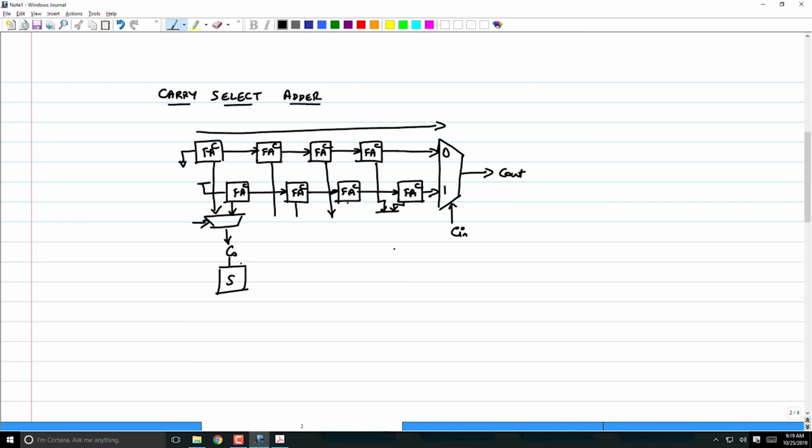Right? So I have reduced the hardware here, but of course the sum will then get created here, S0, S1 and so on.